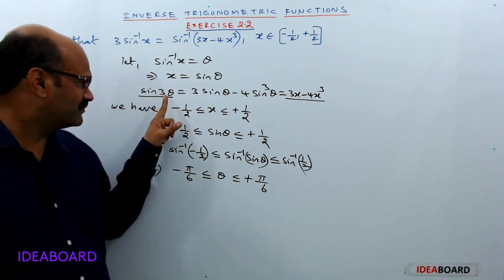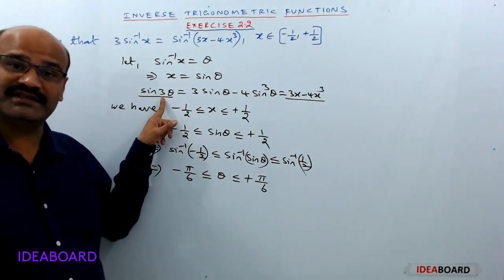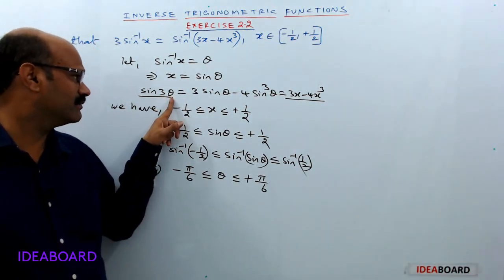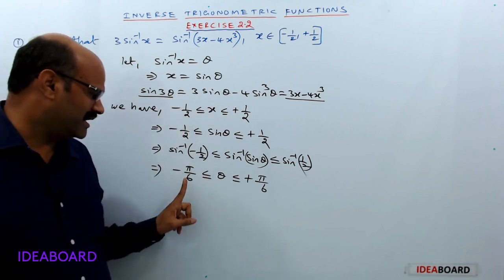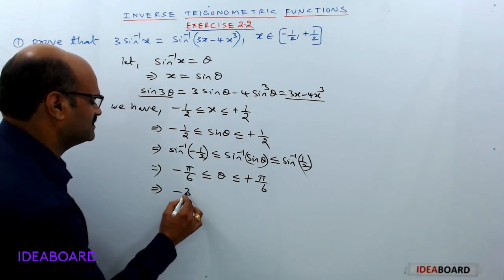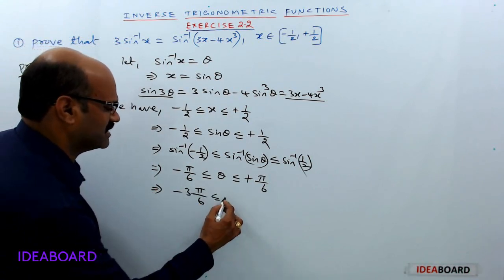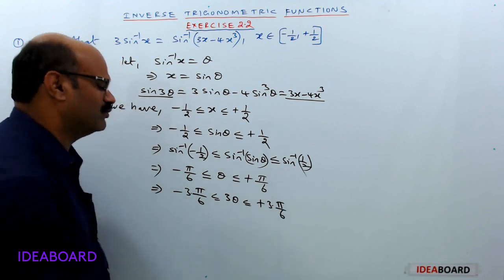To get the inverse of this function, we have to verify whether 3 theta lies between minus pi by 2 to plus pi by 2 or not. So multiply by 3 here. So minus 3 into pi by 6 less than or equal to 3 theta less than or equal to plus 3 into pi by 6.